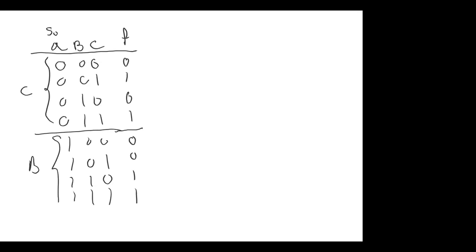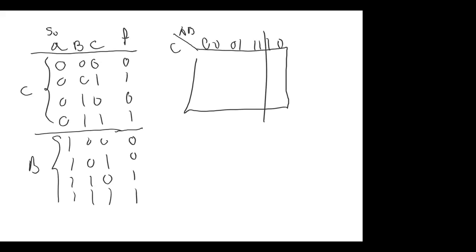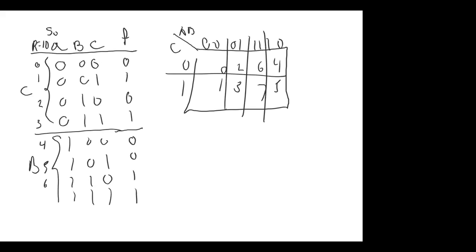And then if you want to make a little 3-variable Kmap, I'm going to number this somewhere. I can see I've got a 1 in rows 1 and 3. Let's change colors for fun. And I've got a 1 in rows 6 and 7.